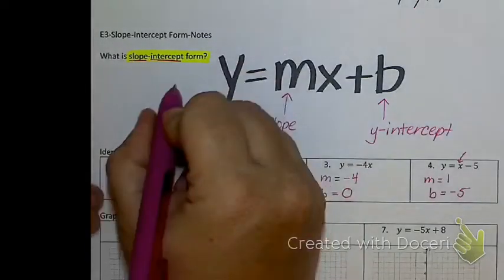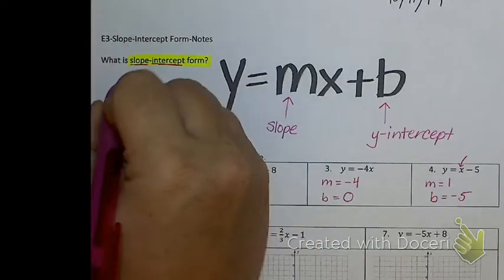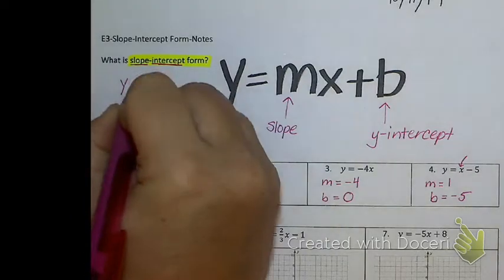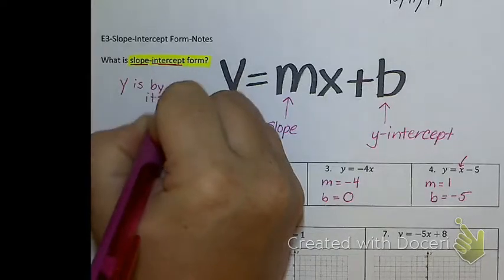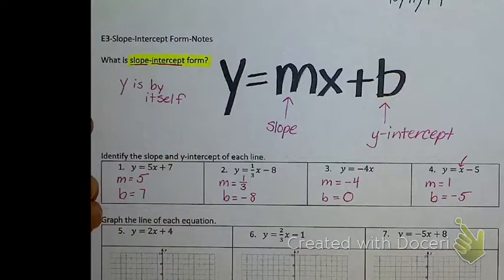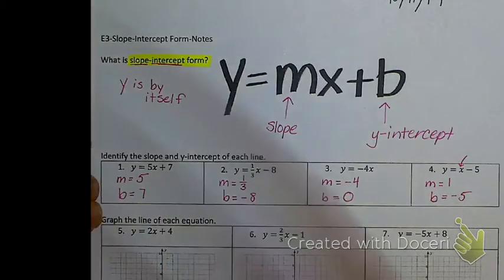Something else you should notice about slope-intercept form is y is by itself. So if you have an equation that is not in slope-intercept form, it's fairly reasonable to put it in slope-intercept form by getting y by itself. Understand? Yes.